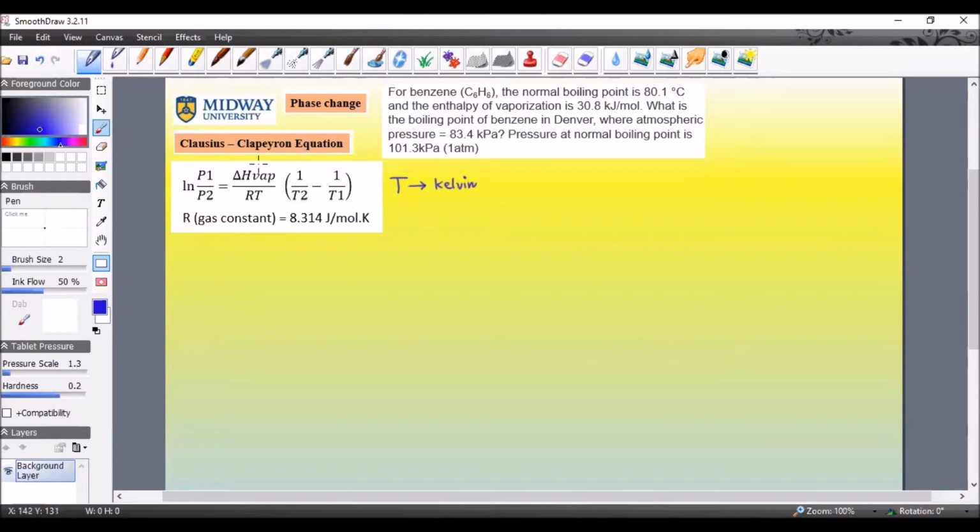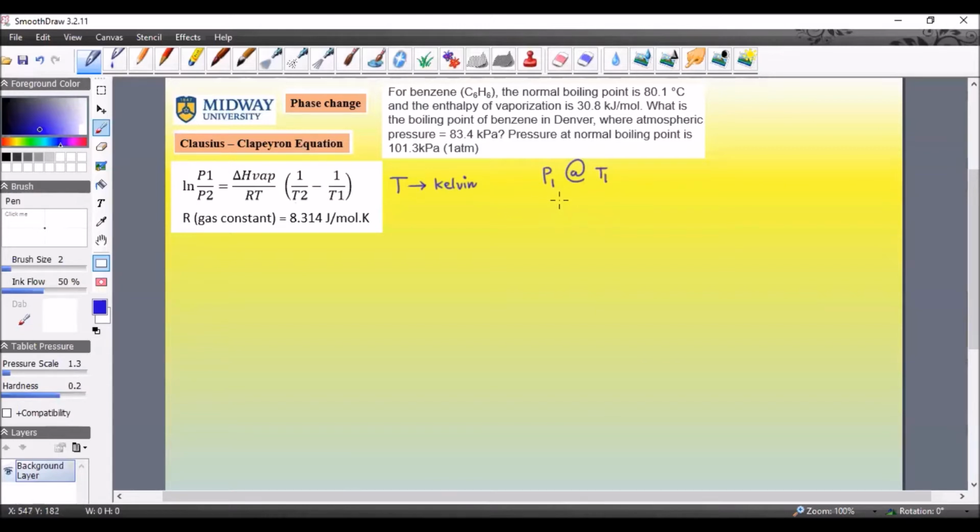What this equation is really trying to tell you is, if you know the pressure at a particular temperature, so P1 is the pressure at temperature T1, you would see this relationship even more obviously as we begin to discuss gas laws.